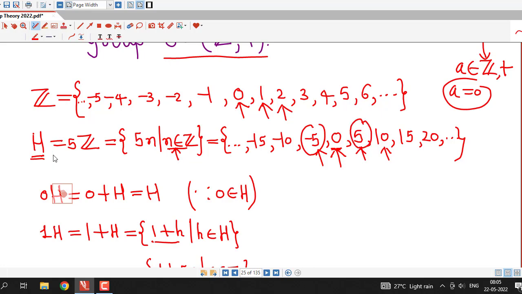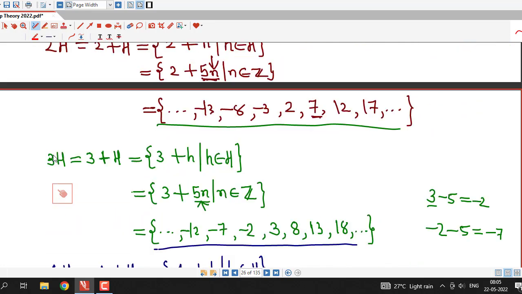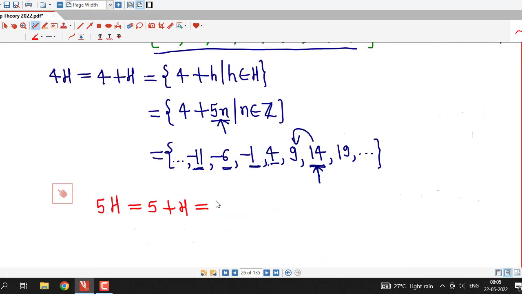So 5 is an element of the given subgroup, therefore this is equal to h. Okay, we are using this property: if a is an element of H, then the left coset corresponding to that element will be the subgroup itself.